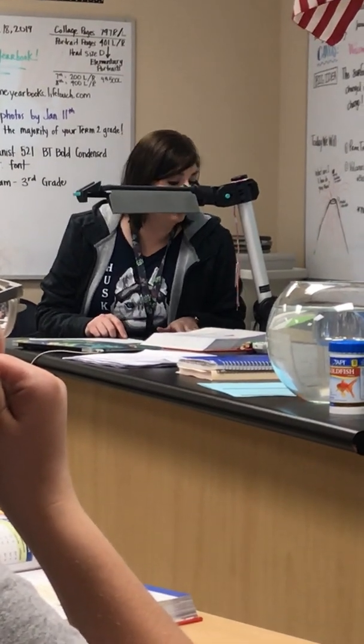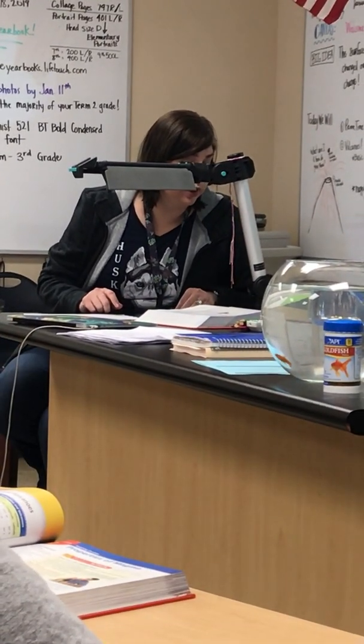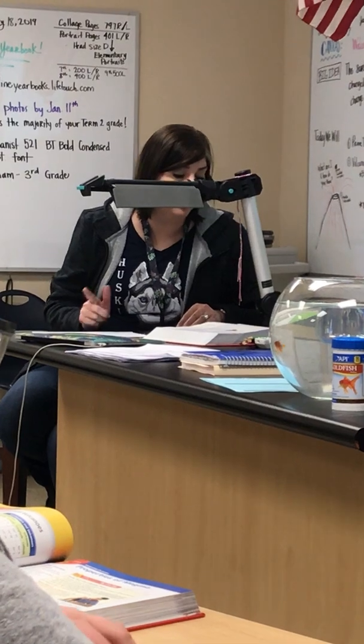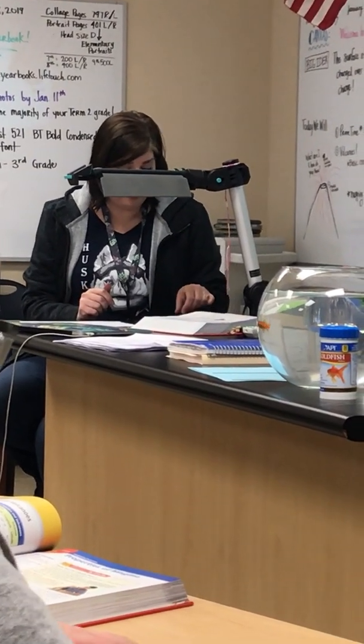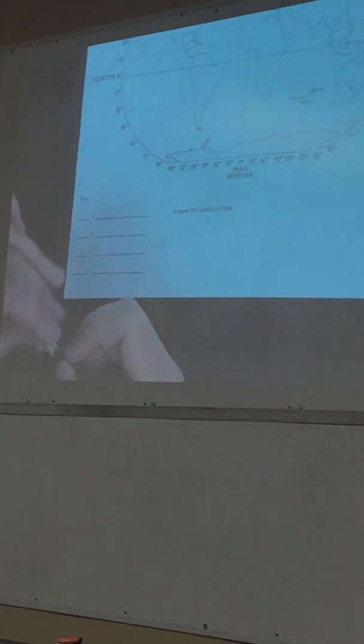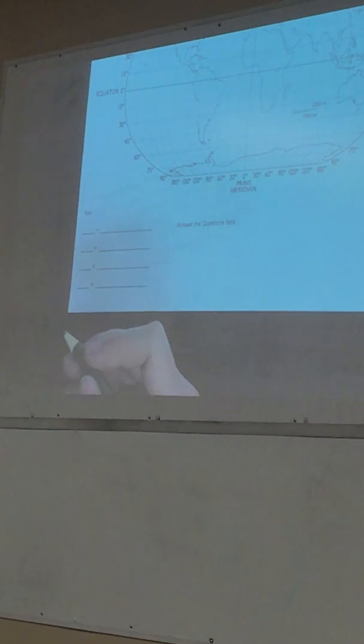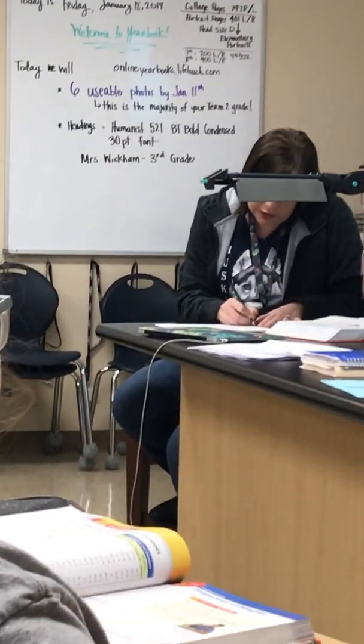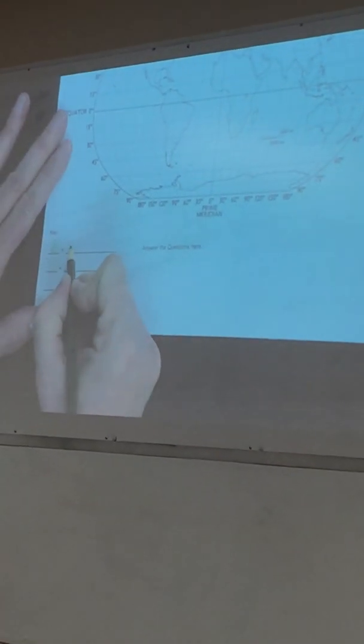Okay, so it says to choose one color to be our earthquakes, another for our volcanoes. Okay, so I'm gonna choose green for my earthquakes. And it tells us that we're gonna draw the earthquakes with an E with a little circle around it. So that's what I'm gonna put on my key. I'm gonna put E in green, a little circle around it. And that is gonna be an earthquake.